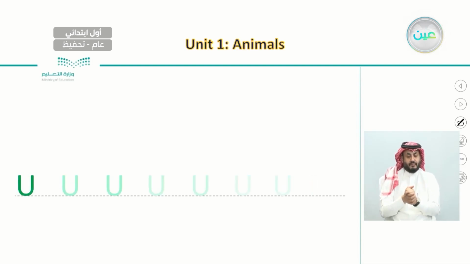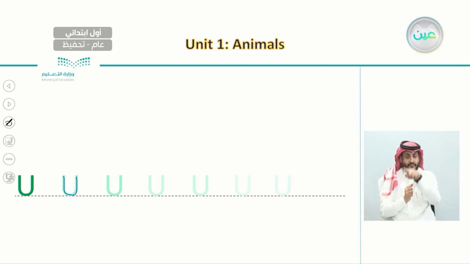Now, let's move on and try to trace and copy letter U. So here you go. This is how we trace the letter U. U is a letter that starts the word umbrella.